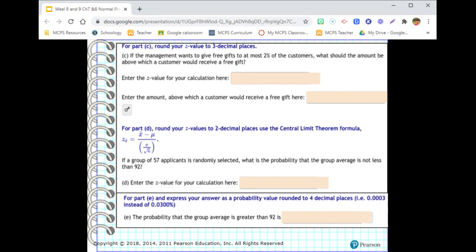With the inverse norm, you don't need the upper or lower. It's going to ask you for the area, which is 0.98.